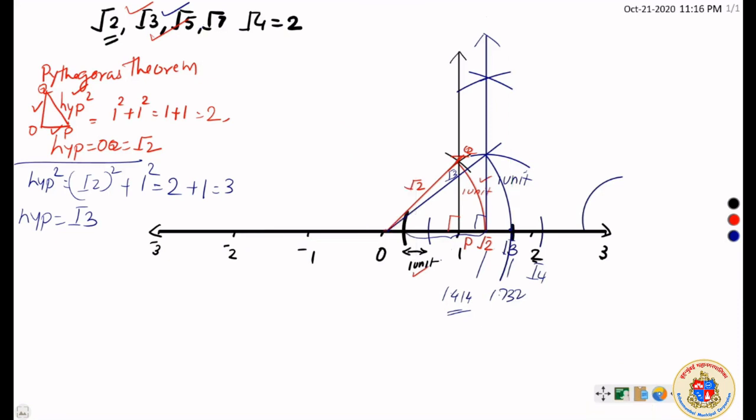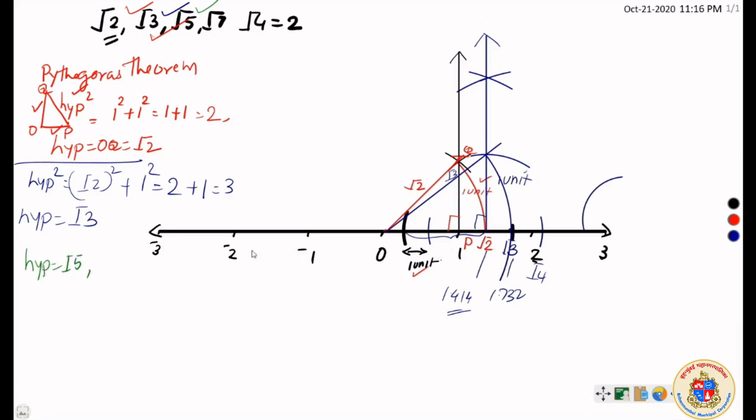Now to draw root 5, what to do? We need to apply our common sense and the Pythagoras Theorem. We need to get a hypotenuse equal to root 5, correct?